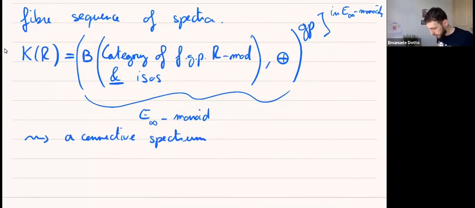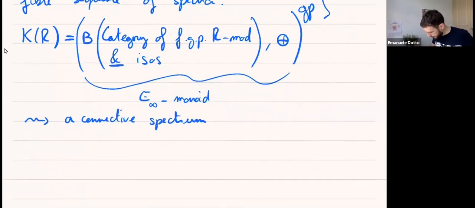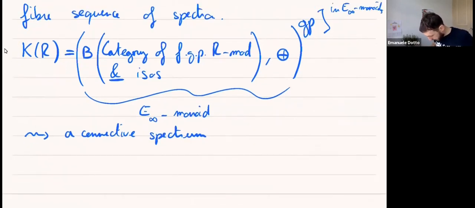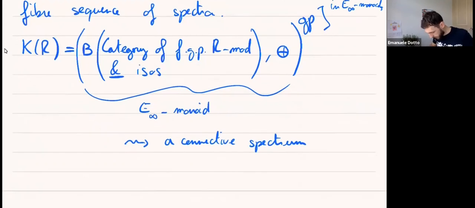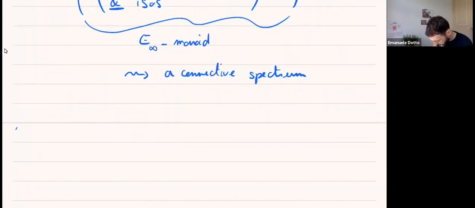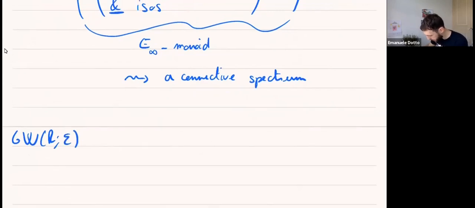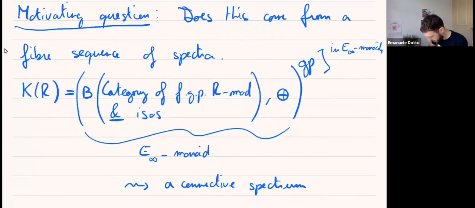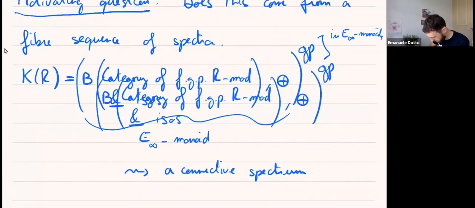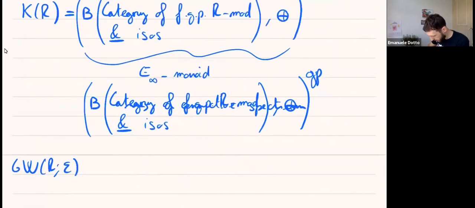And I guess the construction in classical terms of this spectrum this way was due to Segal. And now we can do exactly the same thing for forms and get a Grothendieck-Witt spectrum. It's so similar that I'm going to copy paste this definition, and just add forms.